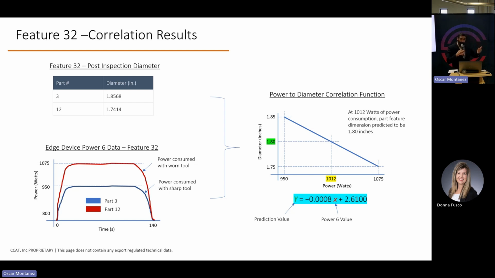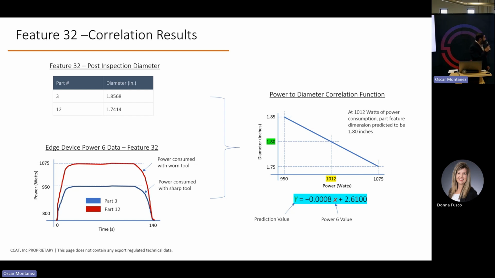But if we had an edge device connected to the machine while we were producing those 18 parts, the spindle power consumed by the spindle to produce the feature on part number 3 was hovering at about 950 watts. When we're producing part number 12 with a dull tool, it's consuming more power. We're up at about 1075 watts.